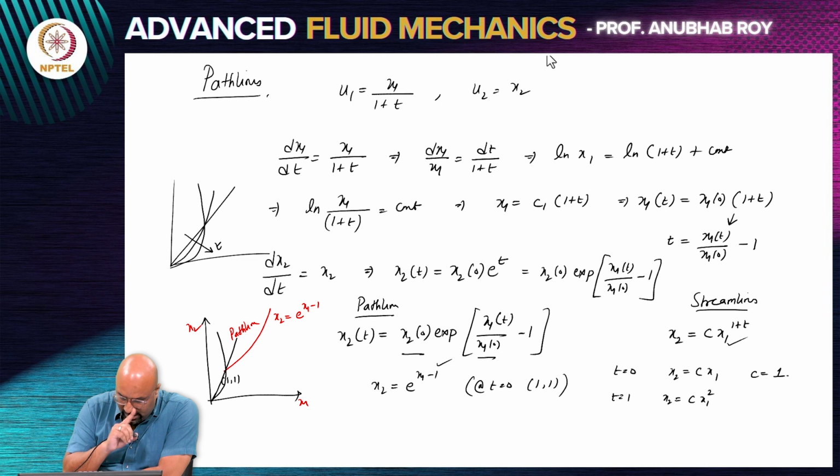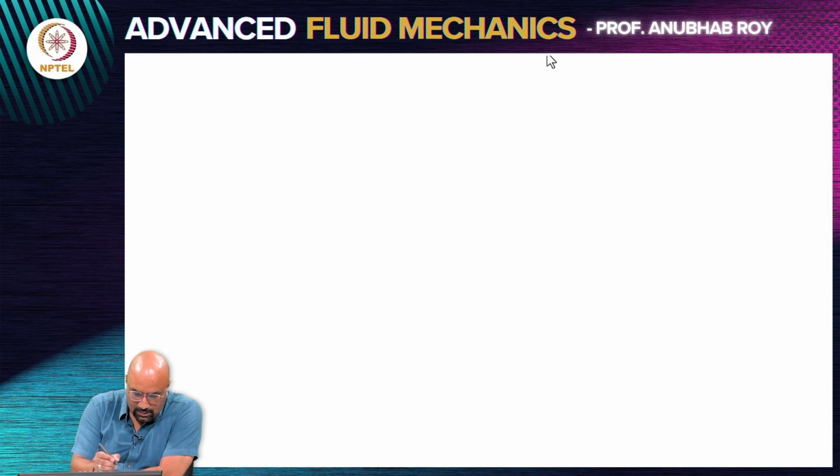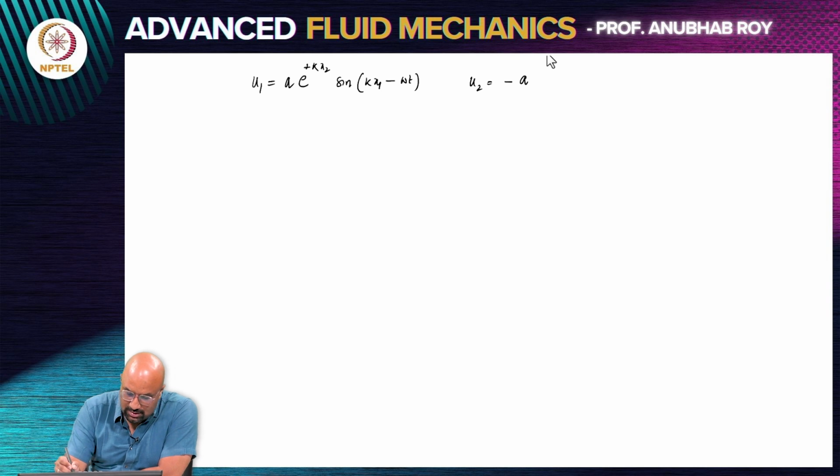I'll do one more unsteady problem, which is a little bit more involved, but we will make some approximations and work with it. So u1 is a constant times exponential of minus, okay, let me just choose kx2, sine kx1 minus omega t. u2 is minus a, let's just choose one sec, I'll just keep it a little simpler.